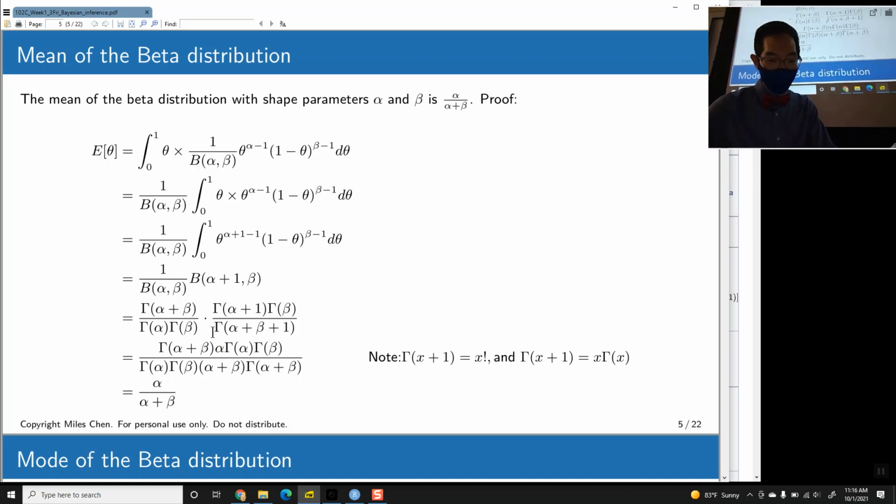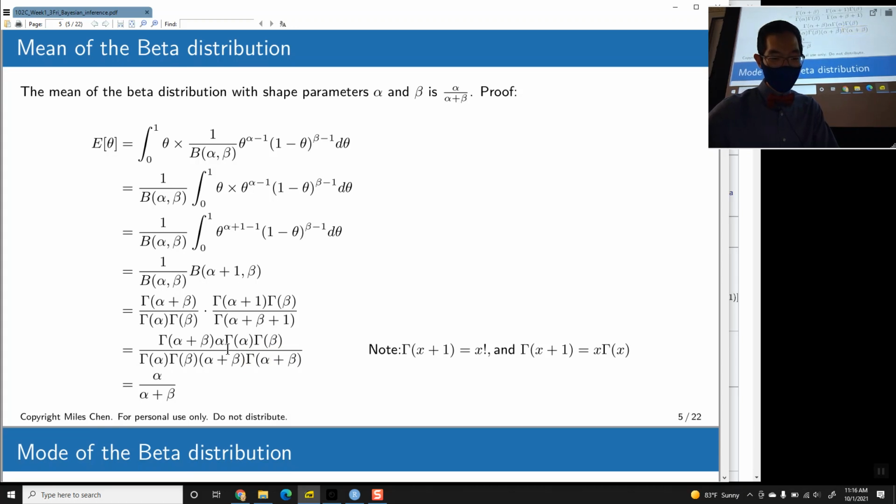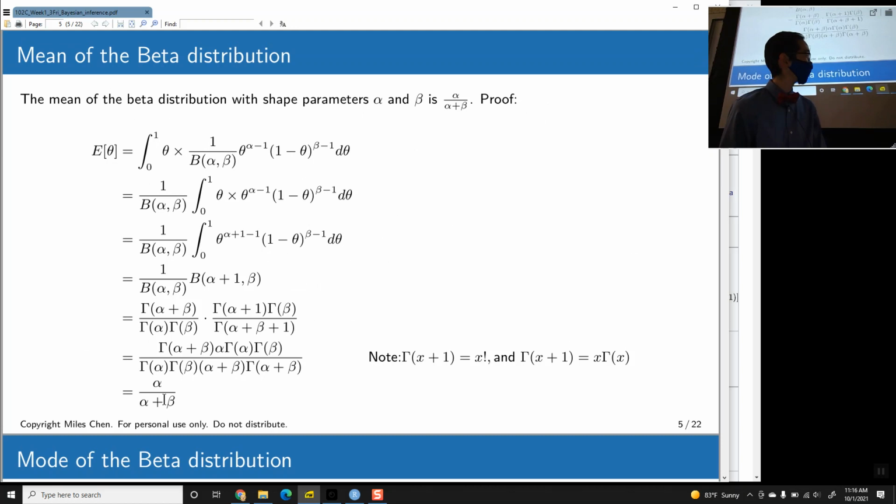Oh, and I'm sorry, this part: gamma alpha plus beta plus 1 becomes alpha plus beta times gamma alpha plus beta. So this cancels out that thing, and we're going to be left with alpha divided by alpha plus beta. That's how we get the mean.